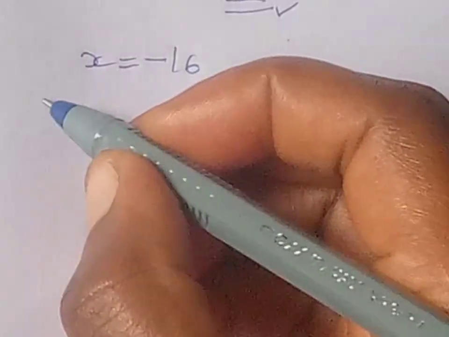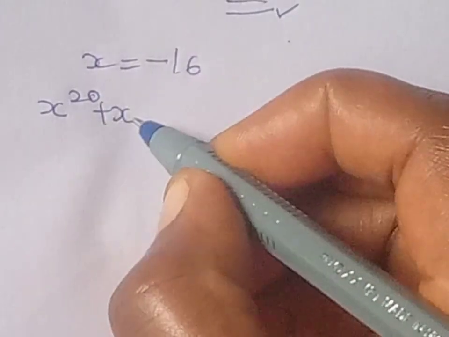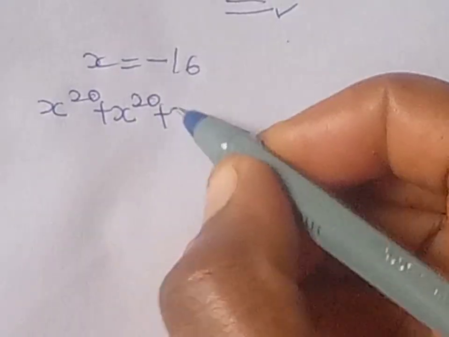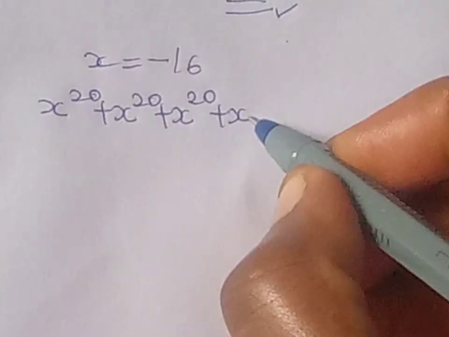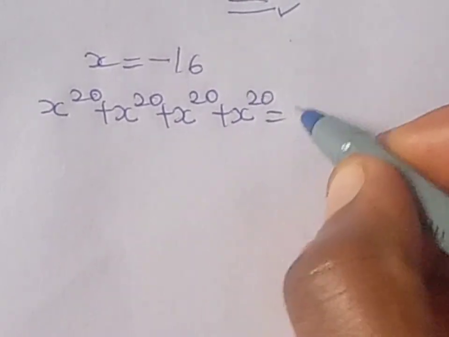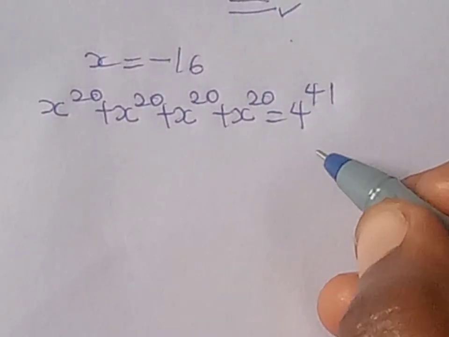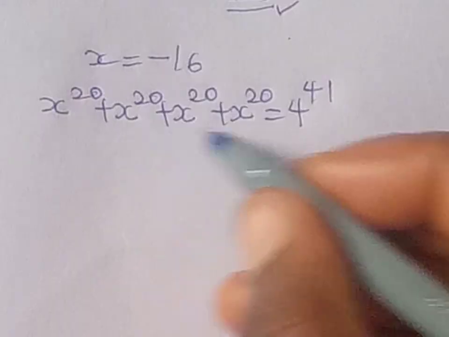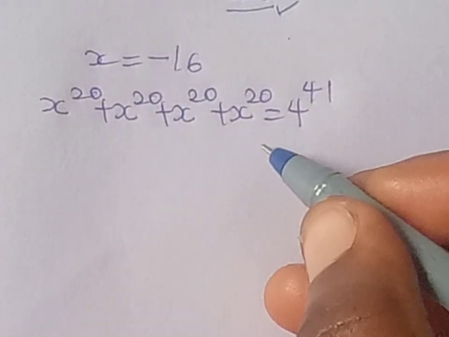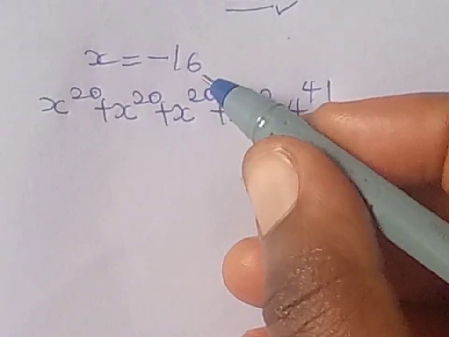Our equation again, x raised to the power of 20 plus x raised to the power of 20 plus x raised to the power of 20 plus x raised to the power of 20 equals 4 raised to the power of 41. Now let's substitute x equals minus 16 into this equation, thereby replacing x with minus 16.